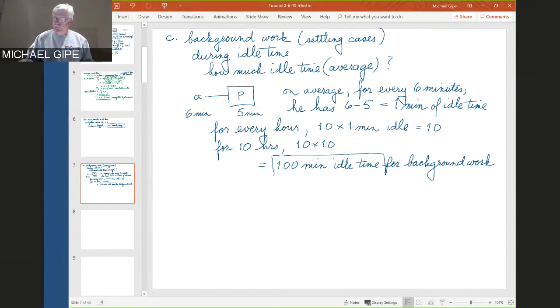And of course, if you can't switch back and forth without some overhead, then you wouldn't be able to make use of all those 100 minutes.